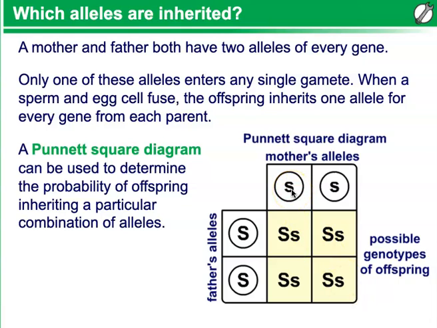The lowercase s from mom comes down to fill this box and this box, and the same thing for this contrasting allele. The uppercase S would be passed into each of these boxes, causing 100% of this cross offspring to be uppercase S, lowercase s.